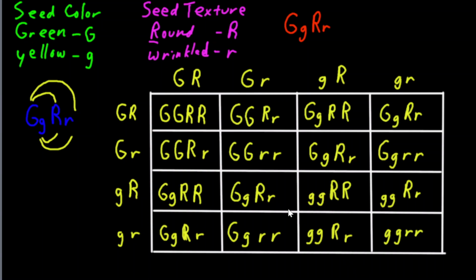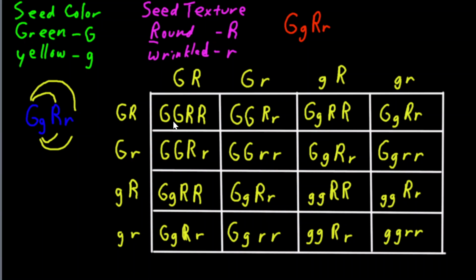Okay, welcome back. Hopefully you have got those filled in. Take a moment and check and be sure that it matches with what I have filled in there. Okay, and so now what is left is for us to chart our genotypes and phenotypes and to answer the question.